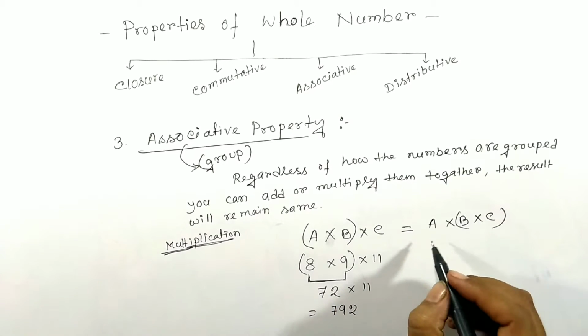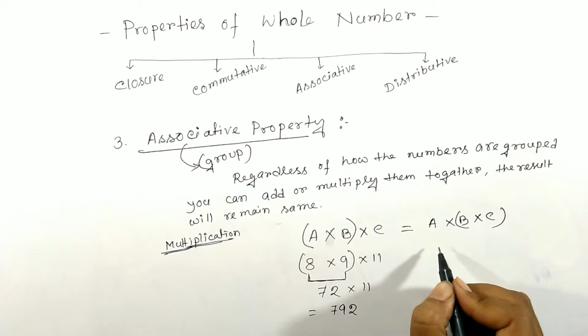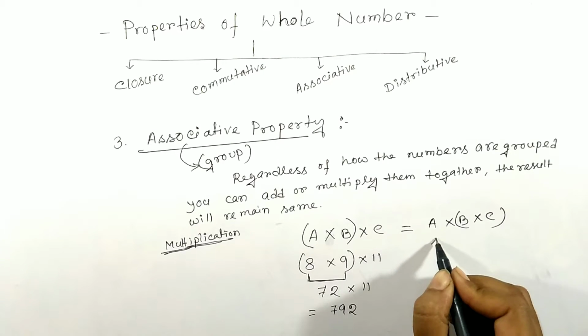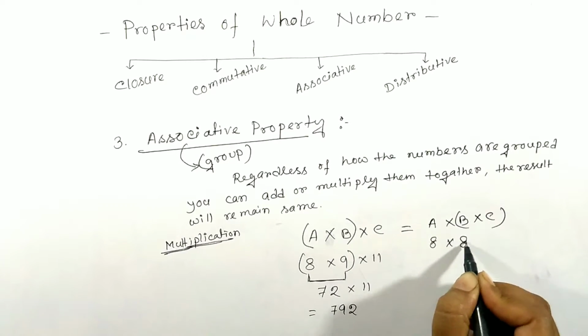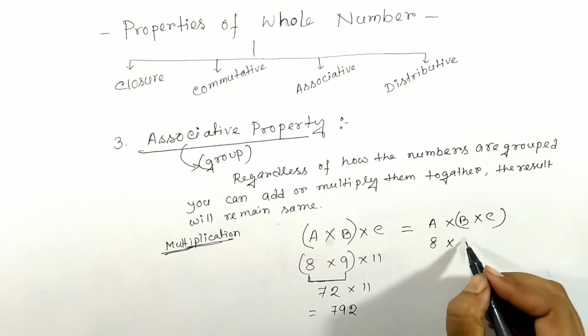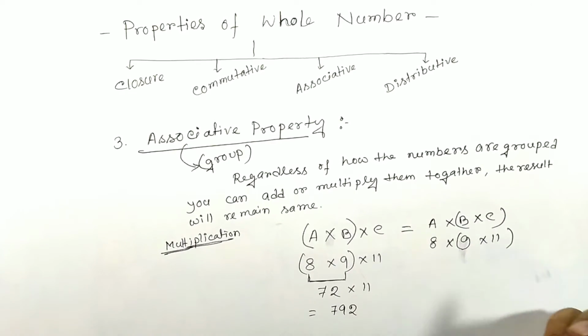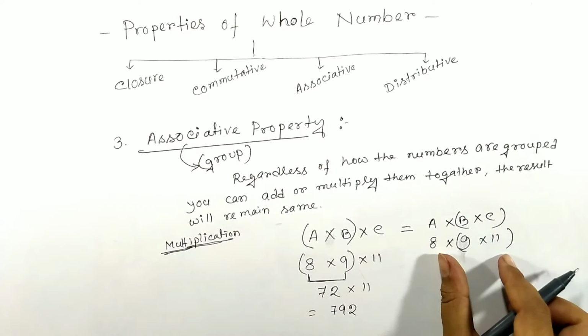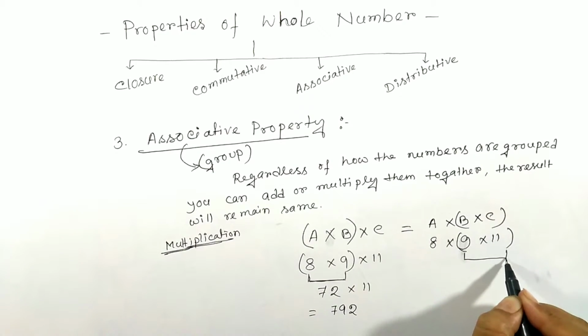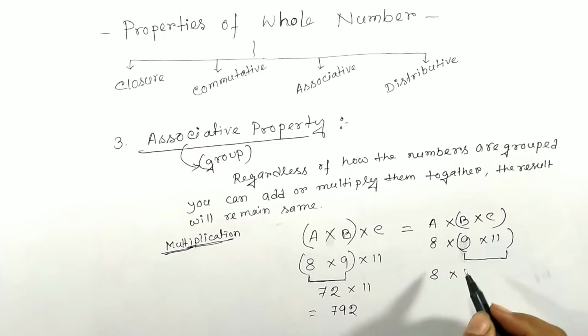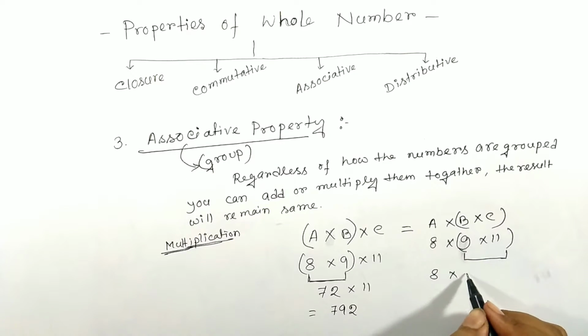Now come to that side. A is 8, B is 9 and C is 11. In this equation you need to calculate this multiplication first. So 9 into 11 is 99.